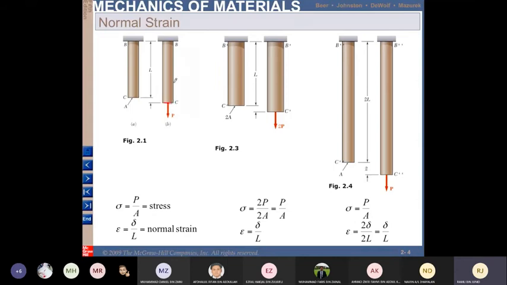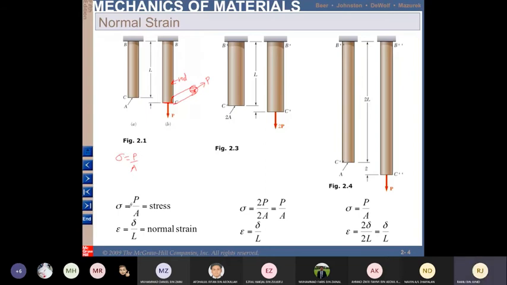So in this case, this is rod. So rod, it can be drawn like this. This is P, and this is the area. Okay. So the stress can be written as P over A or F over A.